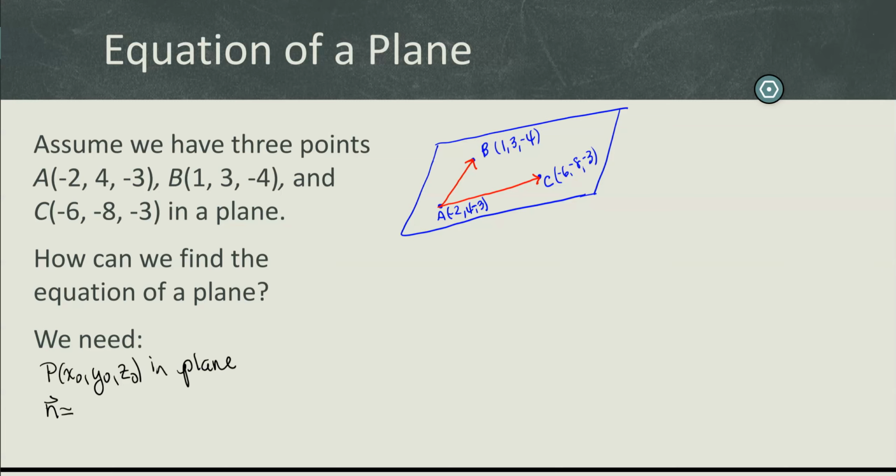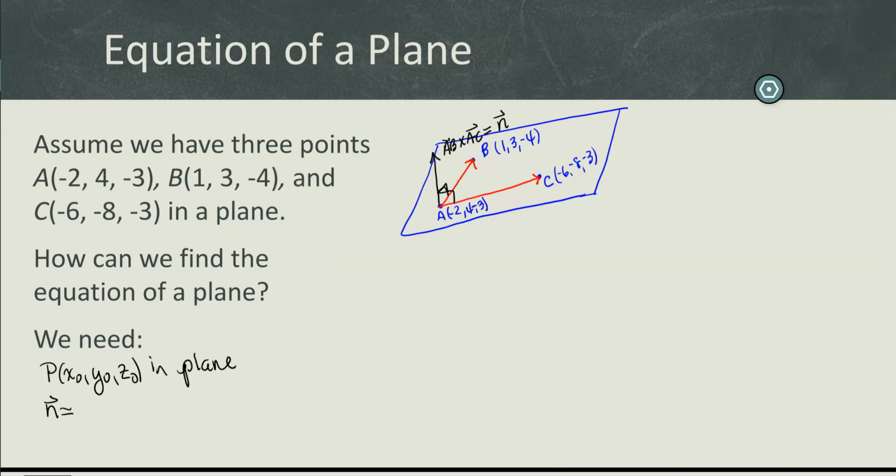So if I do the cross product here at point A, and I create this new vector, AB cross vector AC, that will give me a normal vector to the plane, because that vector will be normal or orthogonal or perpendicular to both of those vectors. So the first thing I'm going to do then is to create this normal vector.